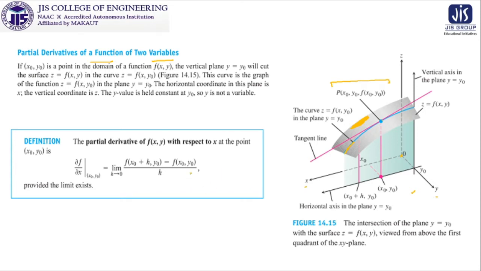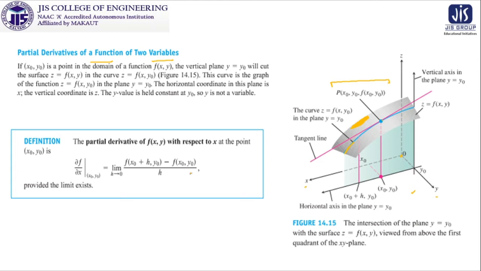Whenever I am defining it for fixed y in the x direction, that means it must also have the idea for fixed x in the y direction. So first of all, we have to understand any one of them. Then we can extend the idea in the alternation of one independent variable to another independent variable.